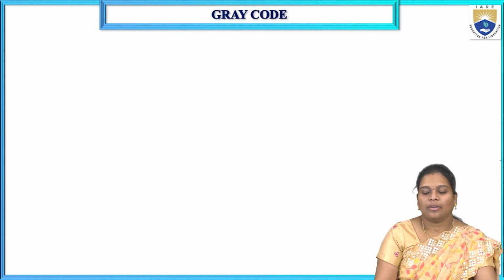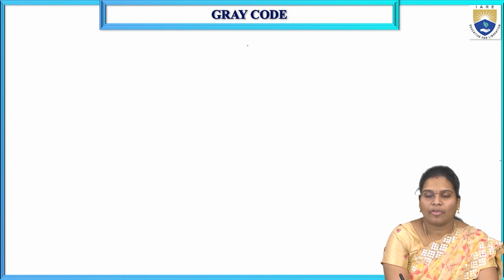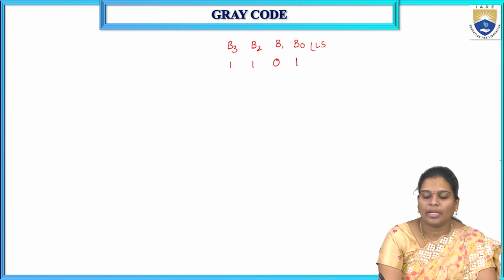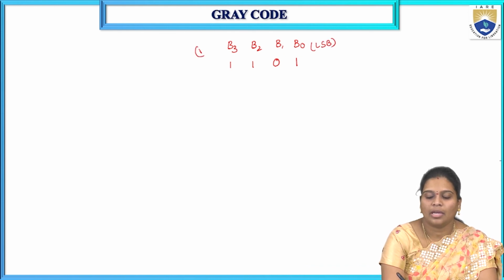Let us take one example for converting binary to gray code. B3, B2, B1 and B0, and the value is 1101. B0 is the LSB and B3 is the MSB.